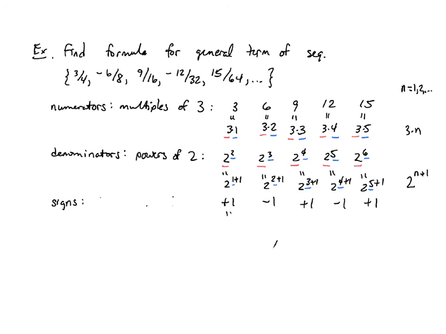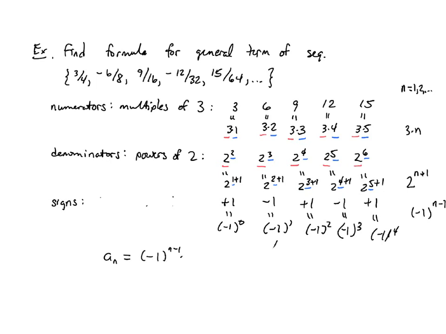And I can write this, right, so this is negative 1 to the 0, negative 1 to the 1, negative 1 to the 2, negative 1 to the 3, negative 1 to the 4, and so we can write those as negative 1 to the n minus 1. That's the same thing as negative 1 to the n plus 1, if you happen to notice that. Either one is perfectly correct. And the end answer is the sign times the fraction with the numerator 3n and the denominator 2 to the n plus 1.